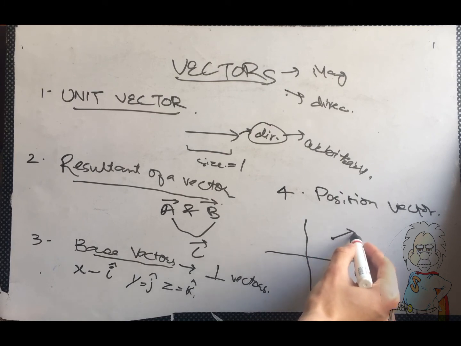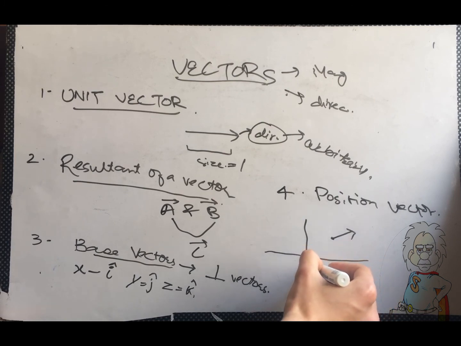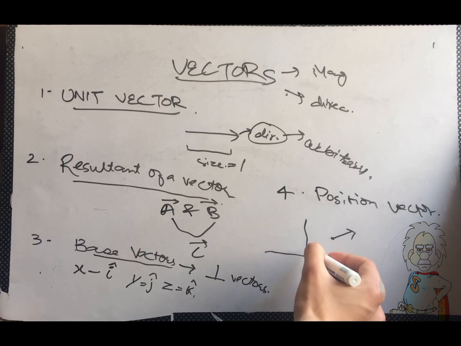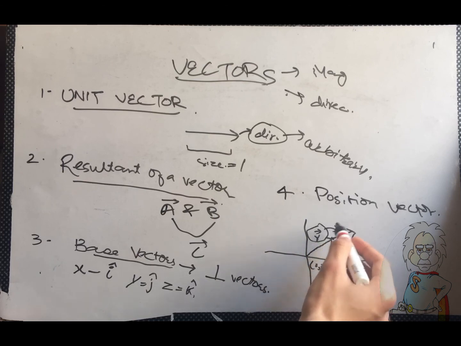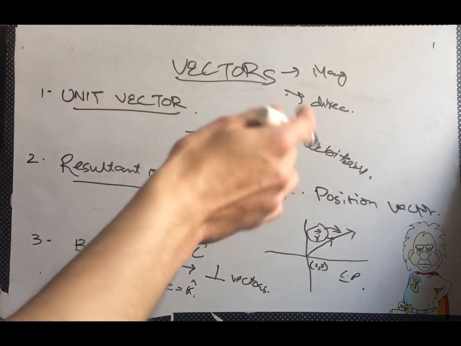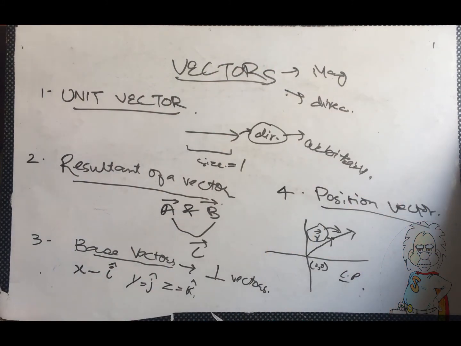This is the origin (0, 0), and now we need to establish the position of this vector with respect to the origin. So this vector which we draw, suppose this is r cap, represents the position of this vector with respect to this Cartesian plane. So that is what we mean by the position vector.